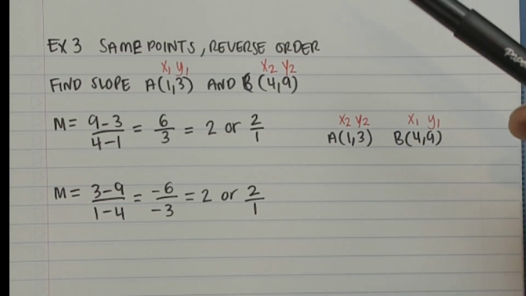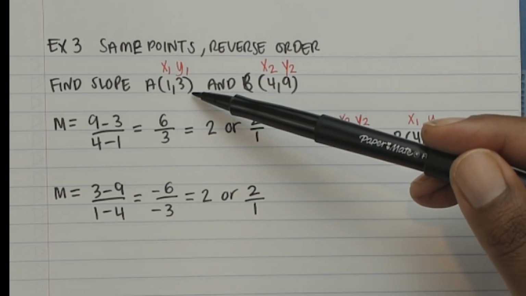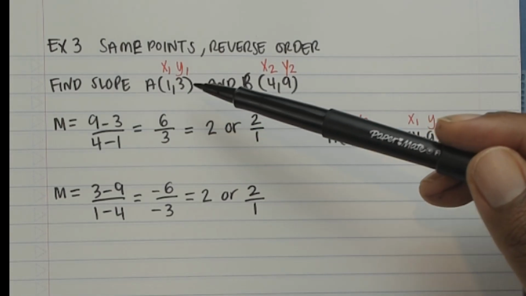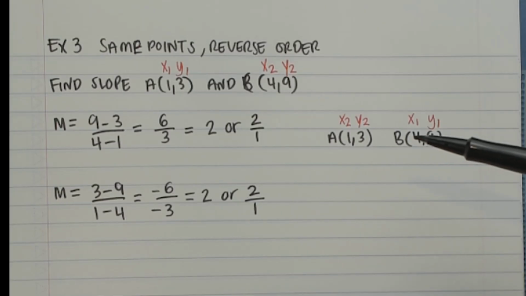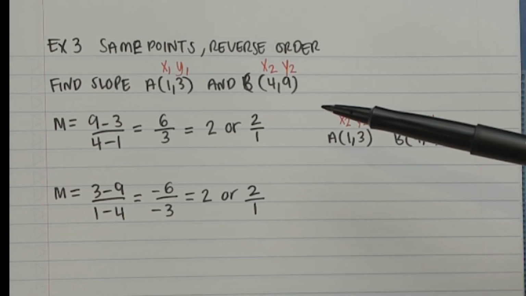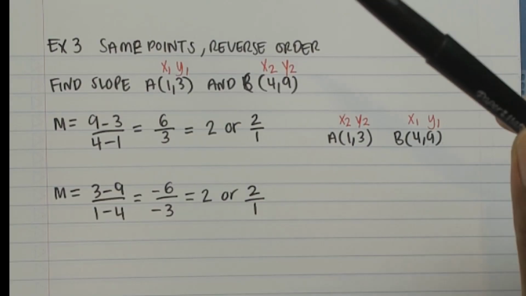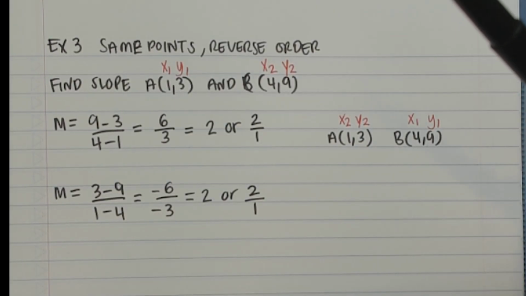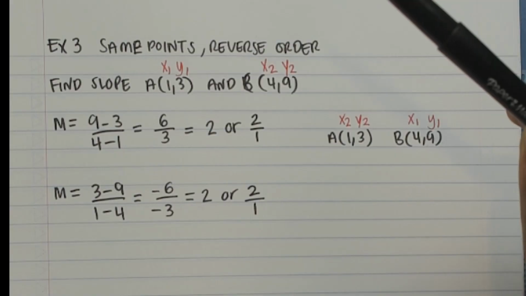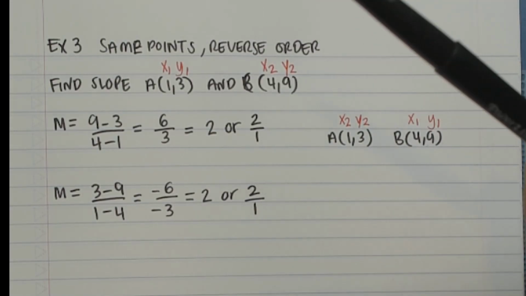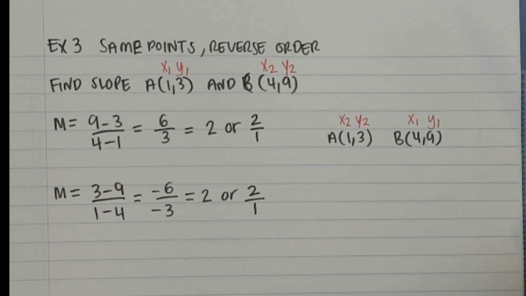If you begin with y2 minus y1, then the denominator must be x2 minus x1. Do not reverse one without reversing the other.